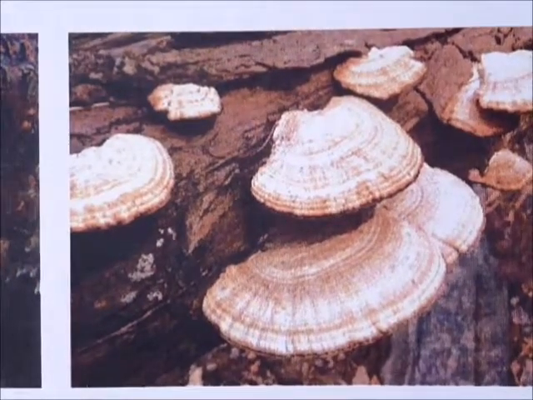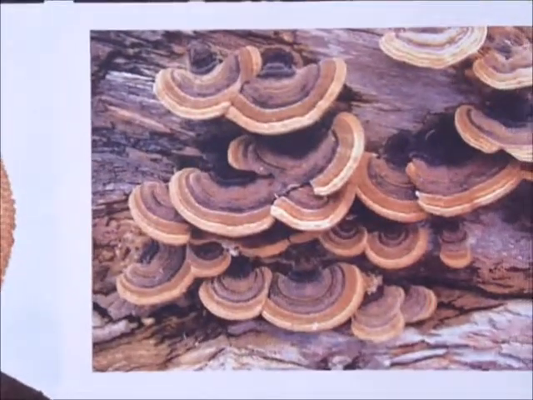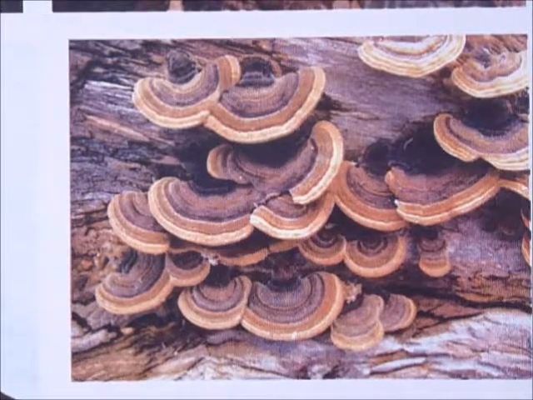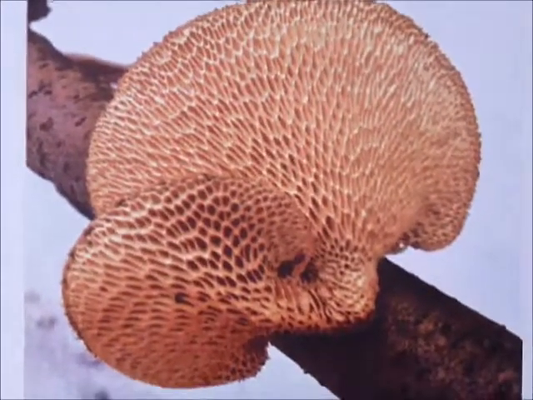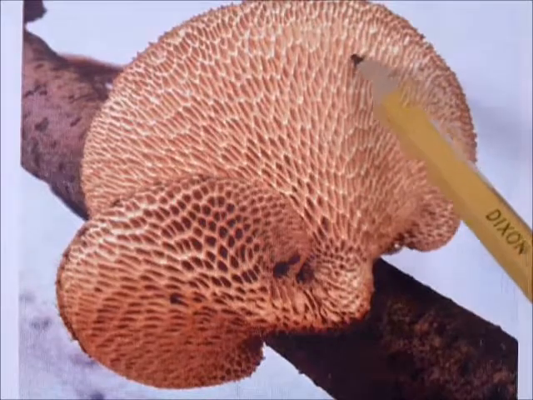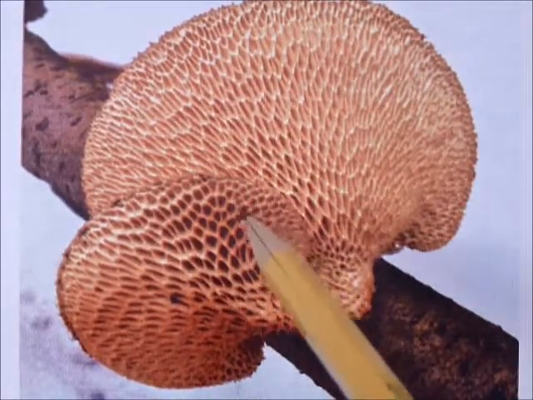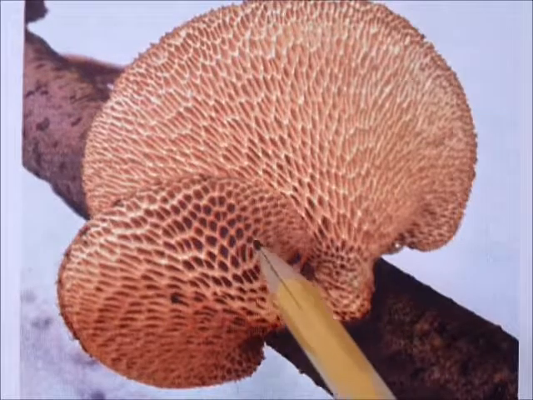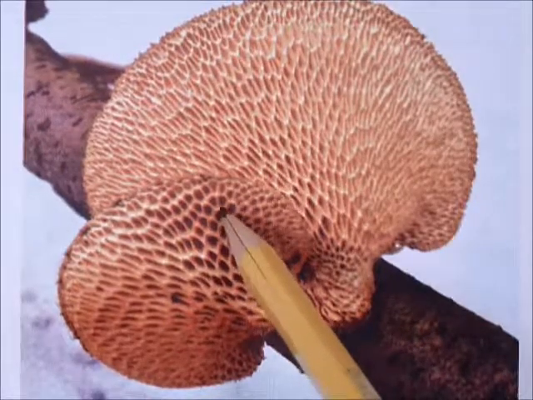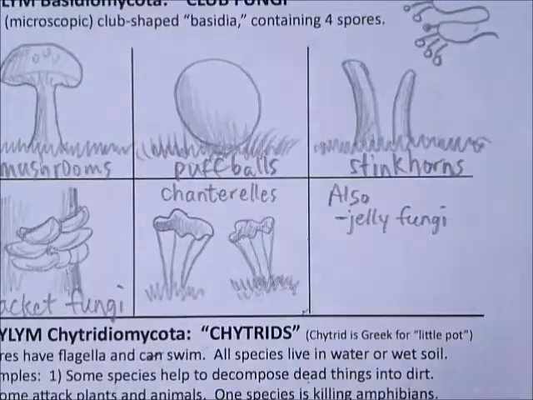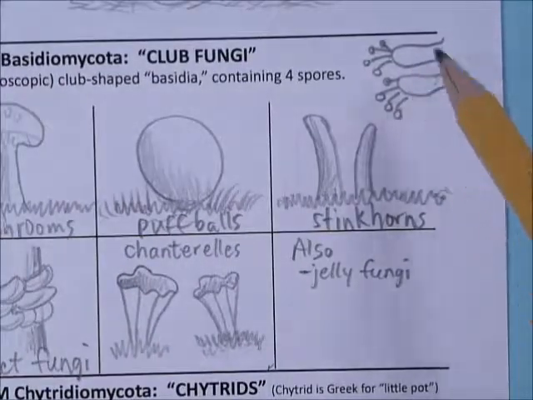These are really beautiful, actually. Beautiful rings. And on the underside of the bracket fungi, sometimes you find this structure, which looks like the morel. And so inside here, on the sides of these things, you're going to find these things.